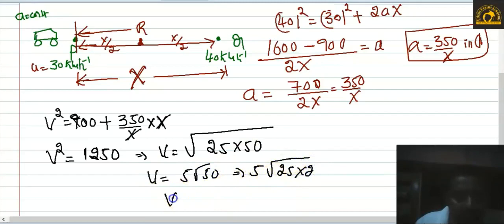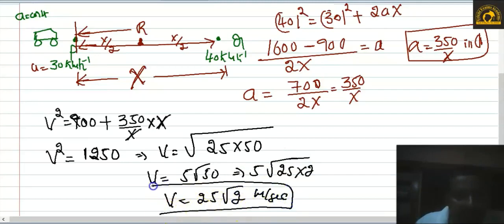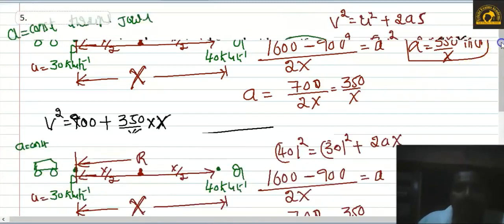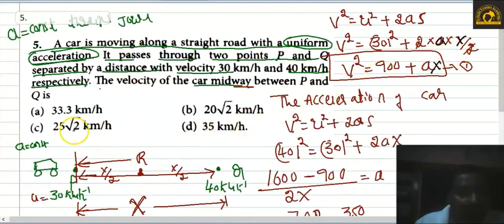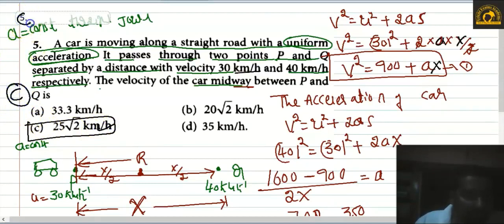So v is equal to 25 square root of 2 meter per second. This is the answer: 25 square root of 2 kilometer per hour, because the data is in kilometer per hour, so the answer is also in kilometer per hour. No need to change to the SI unit. Option C is the correct answer for the fifth question.